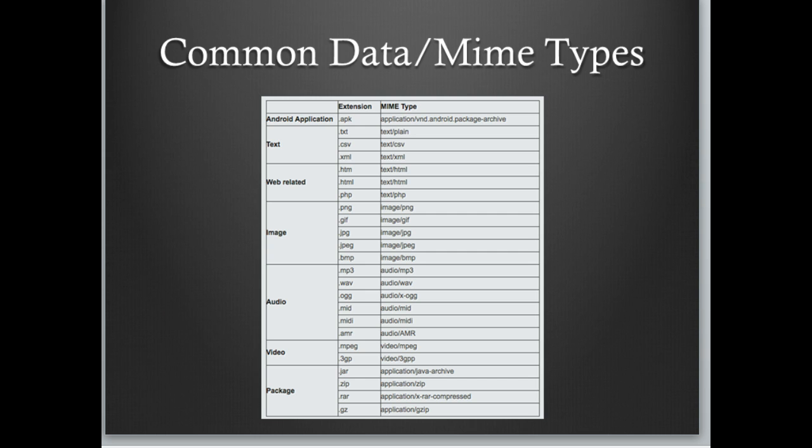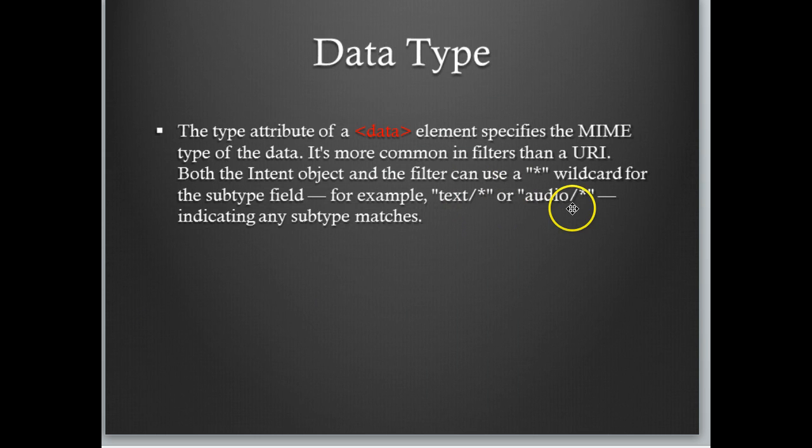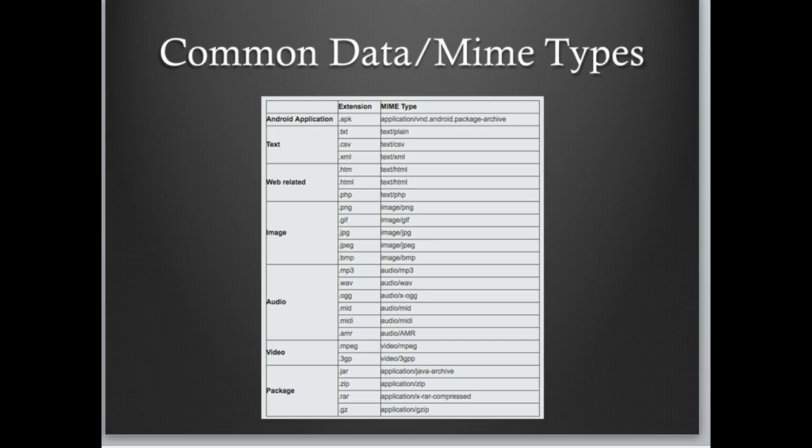I could limit it, or I could use that wildcard to say I want all images. So I could limit it to just image JPG, or if I did image / asterisk, it would show me all. Similar for audio. You could do audio / MP3 to show only MP3s, or audio asterisk to show them all. We see video, there's several others that we have here.